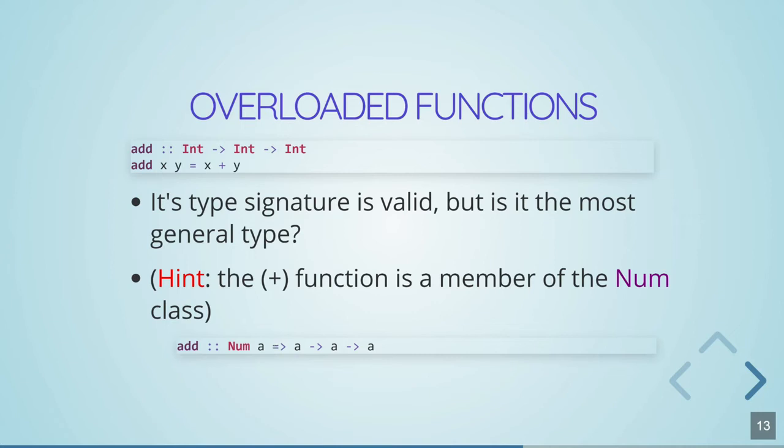So we're saying this function, instead of just being an int goes to int goes to int, it can be any a as long as that a, that type a, has an instance in the num class. Okay? So in general, when we write a function that uses a method of a type class, we're going to have to specify in its type the type constraint like this.